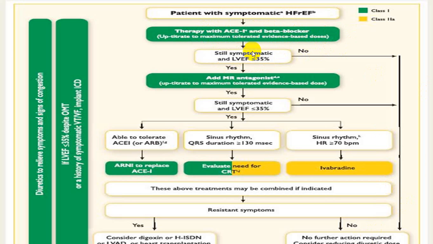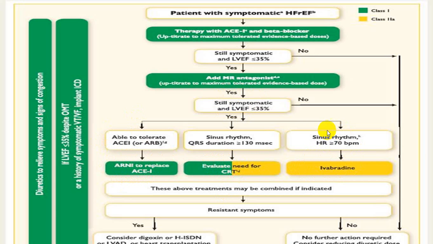Means if the person is better, there are no symptoms, and LV ejection fraction has improved, you don't require any further treatment, maintain. But if symptomatic and LV ejection fraction is still less than 35, then you can go for ARNI treatment. You have to add those particular drugs. After that, if there is no improvement, still symptomatic, now you will have to go for ARNI with ACE inhibitor, think about CRT, and adding ivabradine.